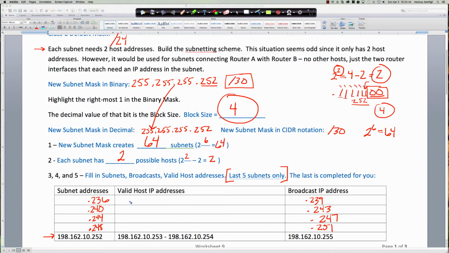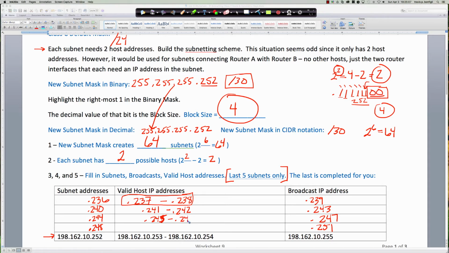My usable IPs are going to be .237 and .238. So there are the two usable host IPs. And then we've got 241 and 242. We've got 245. That's going to be a 5 there.